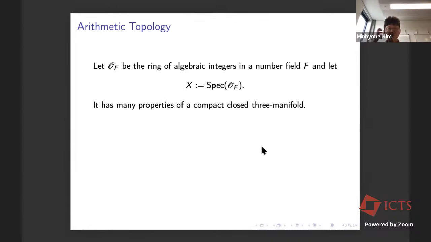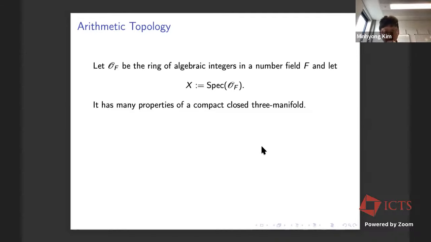Here, the basic idea is that if you take the ring of integers in an algebraic number field, then its spectrum has many of the properties of a compact closed three-manifold from the point of view of, say, Grothendieck topologies like the étale topology or the fppf topology. I hope I'll have time later to review a little bit of how this goes.